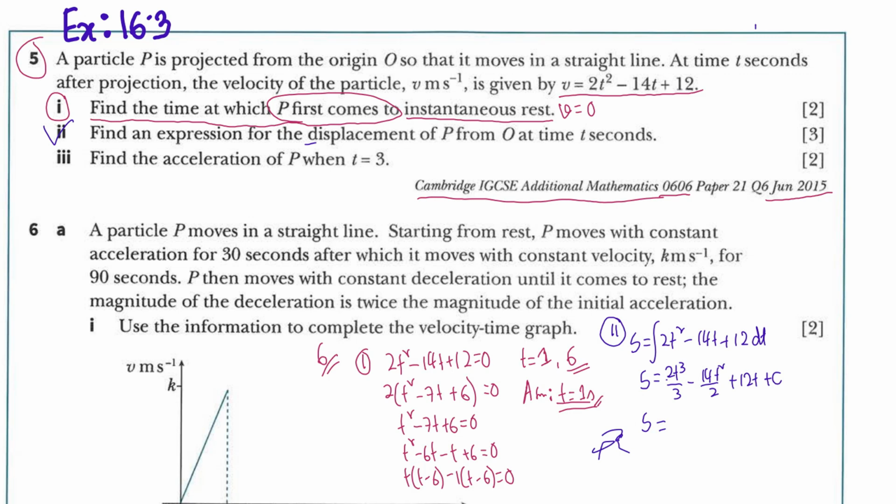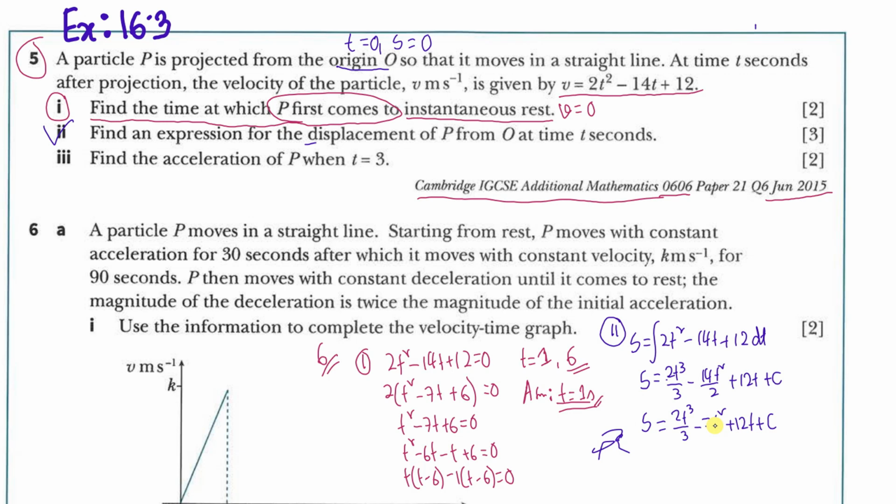So s = 2t³/3 − 7t² + 12t + c. It is written here that P is projected from origin O, so at the moment when it is at the origin, when t = 0, we consider s = 0.